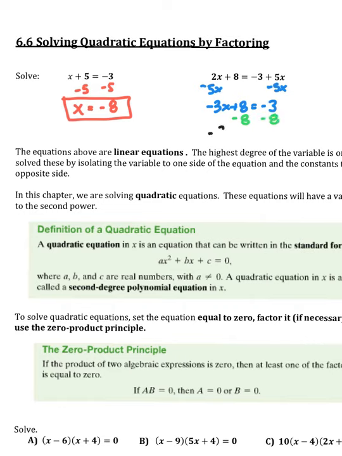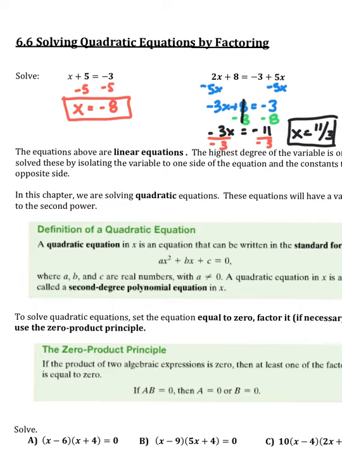When we solve this equation, -3x equals -11, and when we lastly divide by -3, we get a fractional answer, x equals 11/3. A little review for solving linear equations.